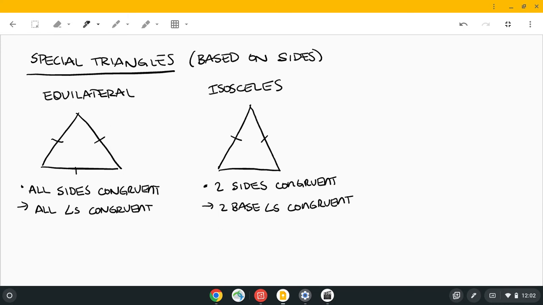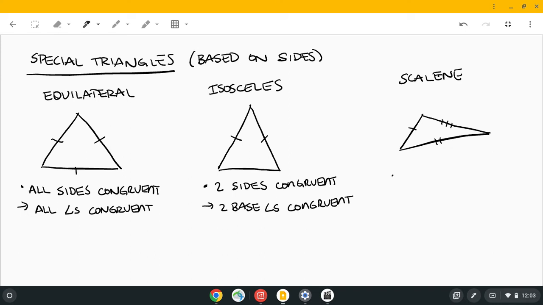And then we have the scalene triangle, where none of the sides are congruent. So equilateral, all three sides congruent; isosceles, two of them are; scalene, none of them. Let me try to draw one. This side is different from this side, which is different from this side.